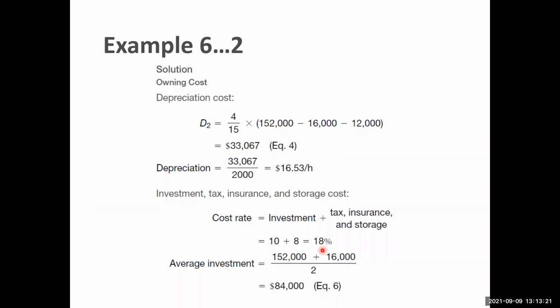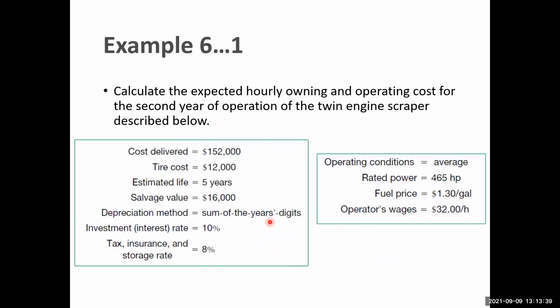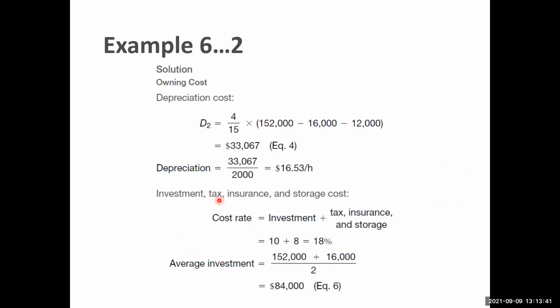For rough estimation, we will use the average investment over the life of the equipment. The average investment is the initial purchase price of $152,000 plus the final salvage value, which we also estimated before as $16,000. The average of these is $84,000. So that is the average investment.